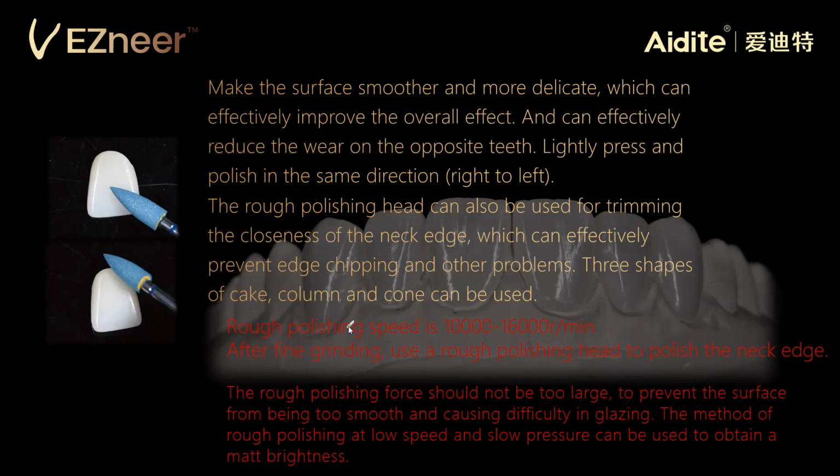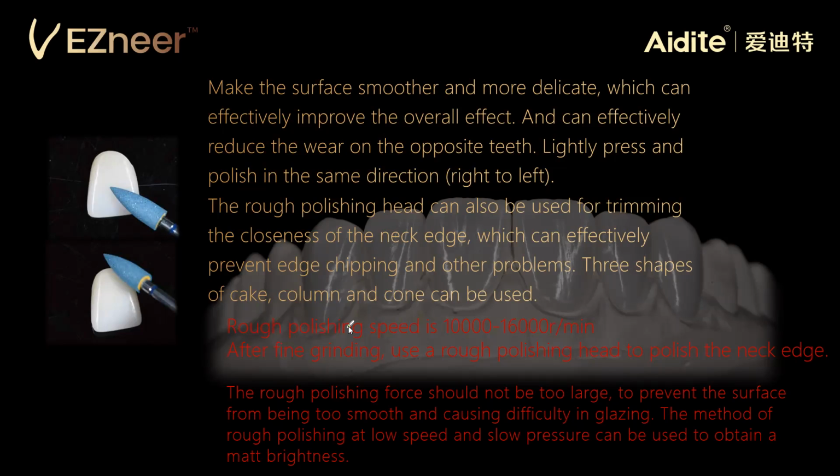And the final step, we need to use the rough polishing and make the veneer surface smooth and a little bit shining. The speed of the rough polishing is 10,000 to 60,000 revolutions per minute.